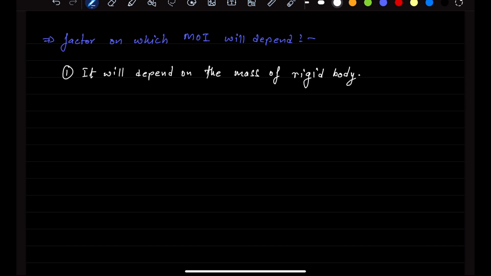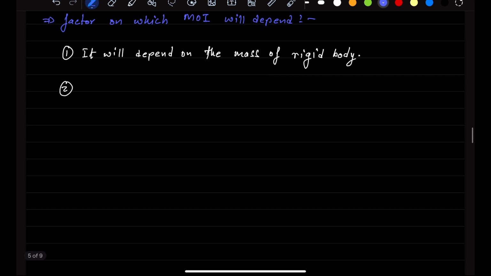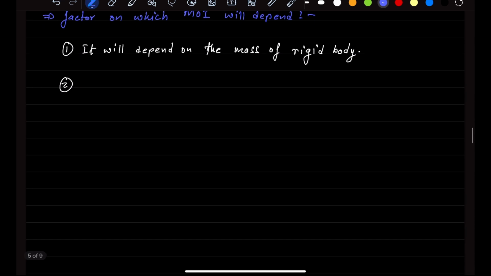Okay, now next factor. I'm just going to take one example to explain it. Let's take the example of a rod. This is a rod, right? Now I can find out the moment of inertia about a different axis of rotation. Let's first take the axis of rotation somewhere in the middle.